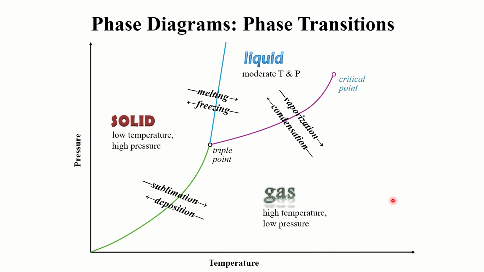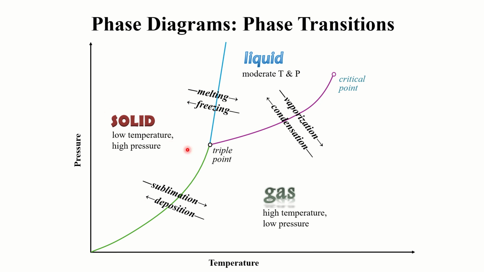Me personally, the way that I find this easy to remember is to think the temperature and pressure axes will be labeled. So think about when we go left to right across the x-axis, our temperature is increasing. So if I think about what type of phase is likely to exist out here at really high temperatures and especially at low pressures, that makes me think my substance is likely to be a gas. And so I can safely label this portion of the phase diagram gas.